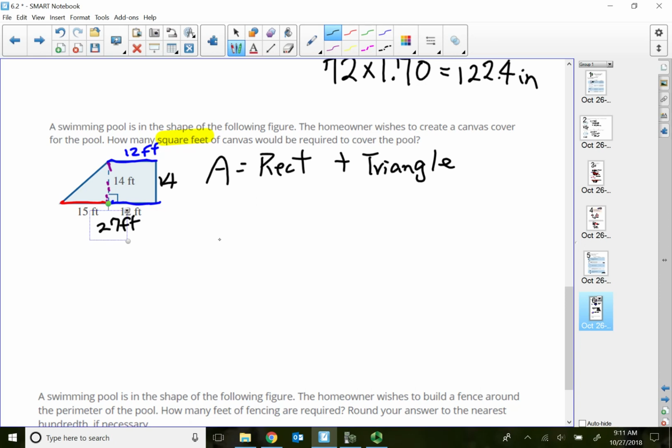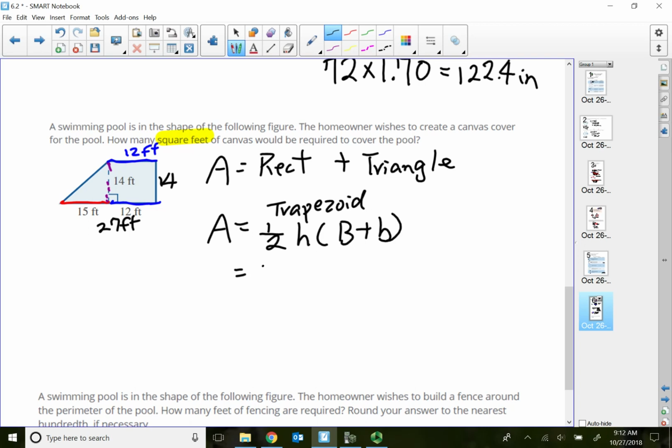So I can also look at this as the area of a trapezoid. Because if I use the trapezoid formula, that will be half times the height times the big base plus the little base.